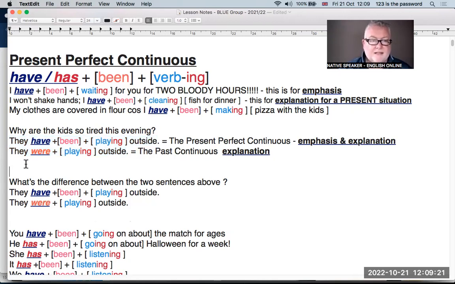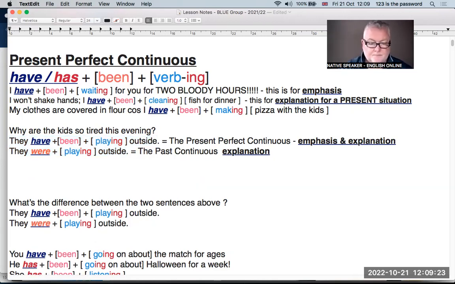And I'll give you a hint. In which sentence was the playing more recent?